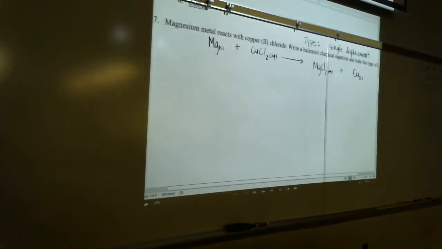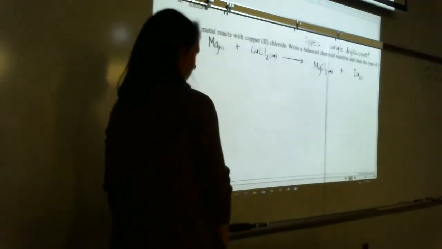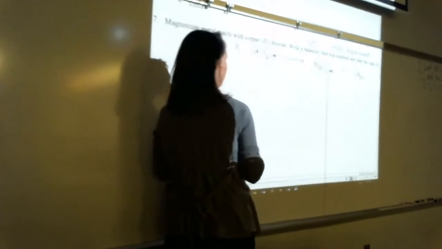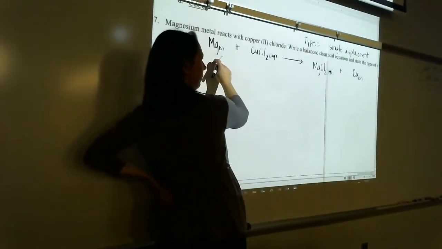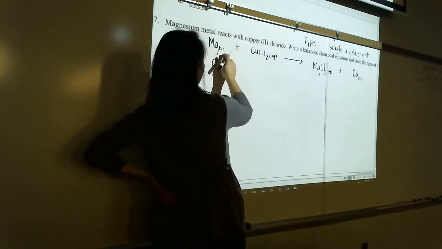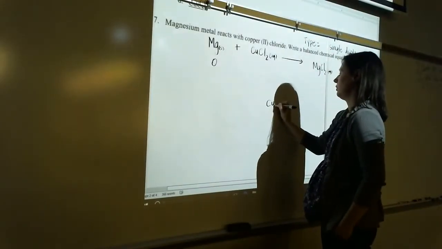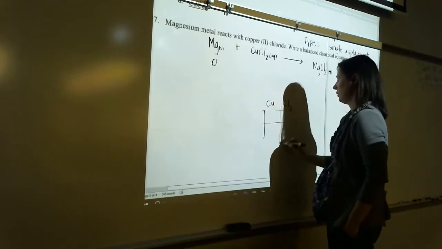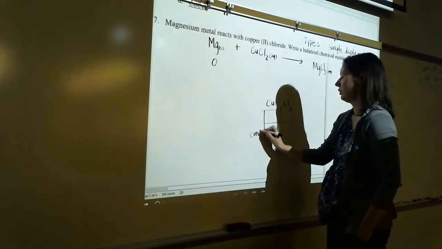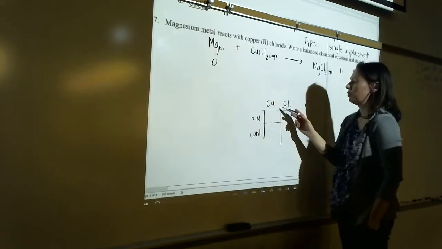Is this redox? Let's ask ourselves this, because I said single displacement. Good review. Magnesium, what's its oxidation number here? 0. That's a pure element. All right, what about here? Let's do CuCl2. Are there any rules for copper?